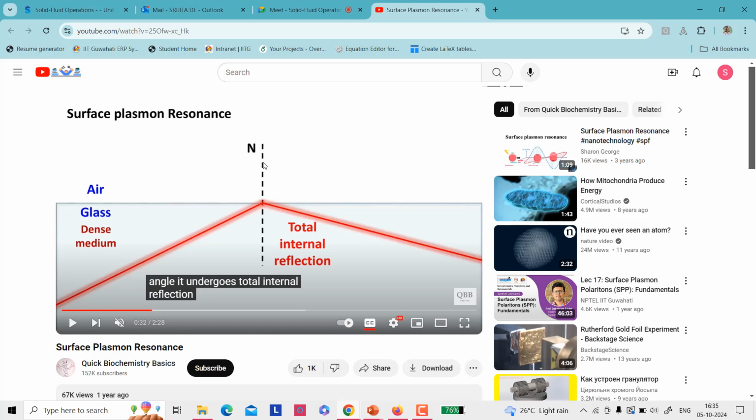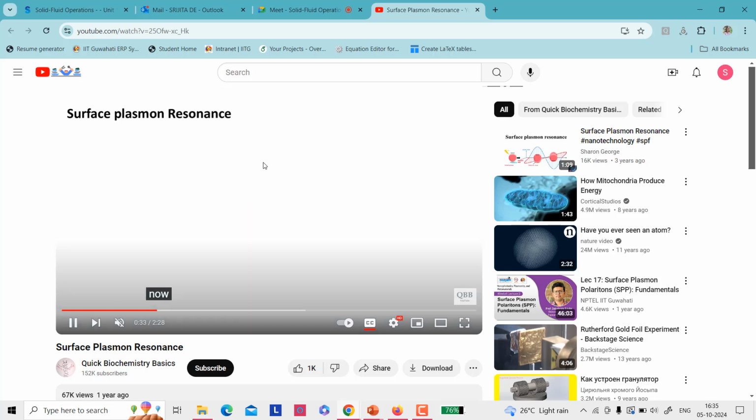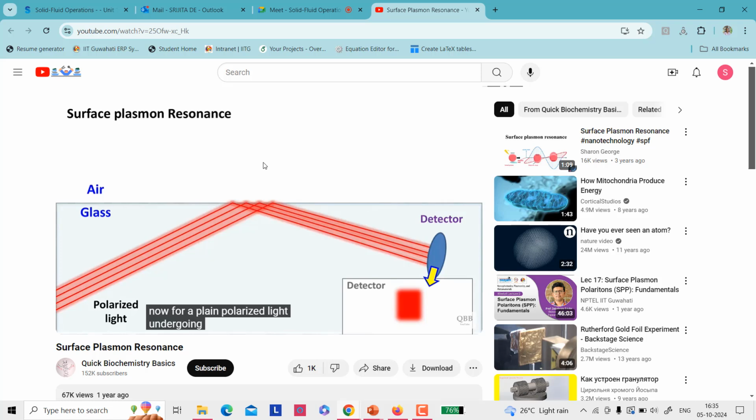Because of absorption of energy, the electrons start oscillating. Remember, it is not a single electron, but a group of electrons that collectively absorbs the energy of light. This group of electrons undergoing oscillation because of energy absorption is called the plasmon. Understood? Yes.